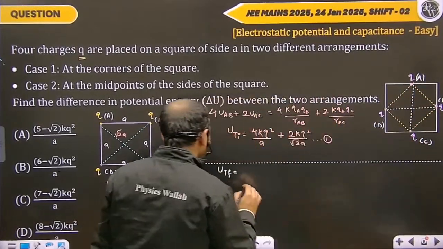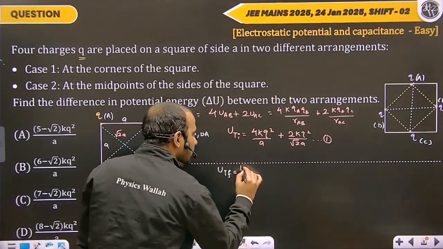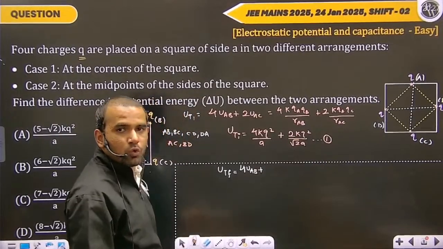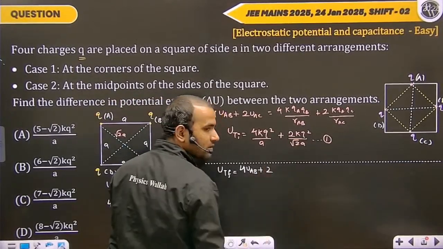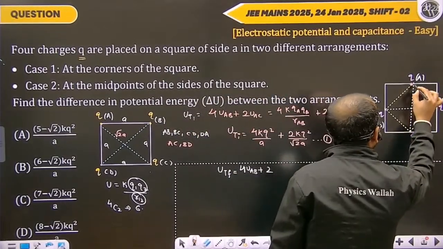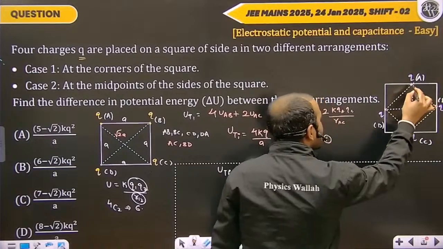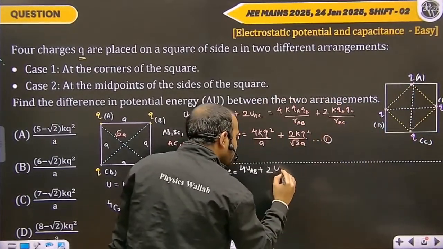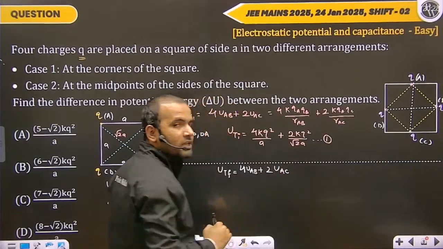So ultimately you can write the total energy final as 4 times the energy of AB plus 2 times the energy of the diagonal charges. What are the diagonals here? Basically AC and BD. So you can write 2 times the potential energy of AC.